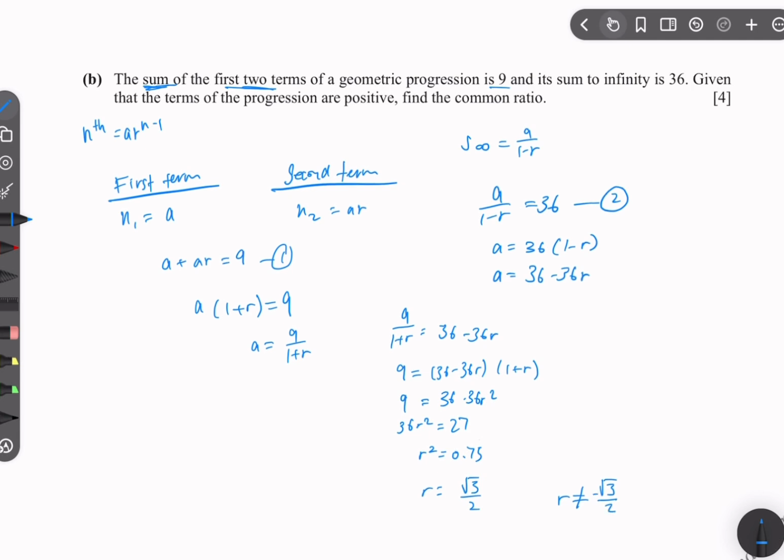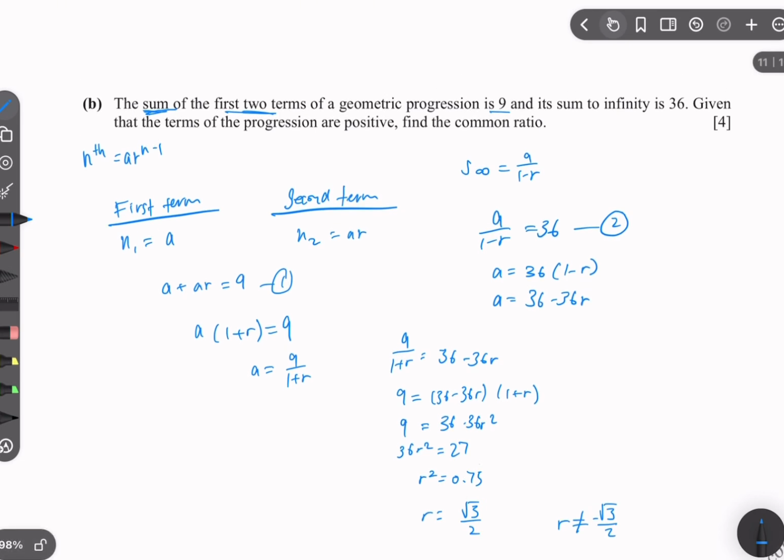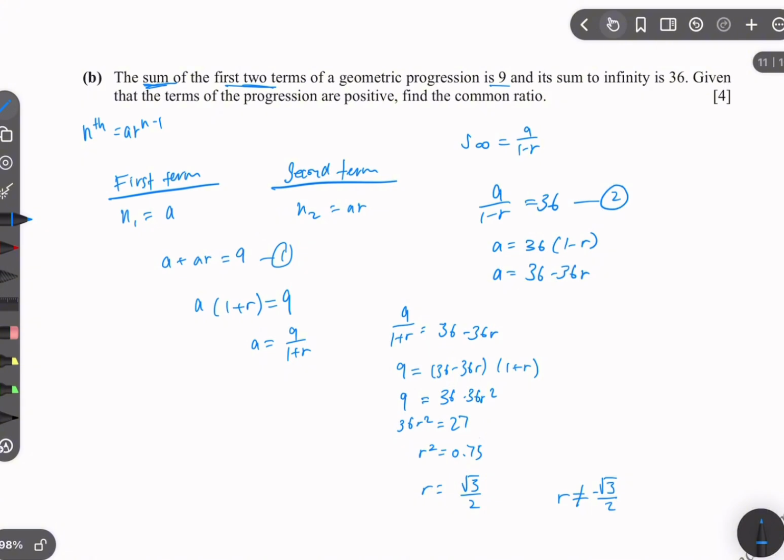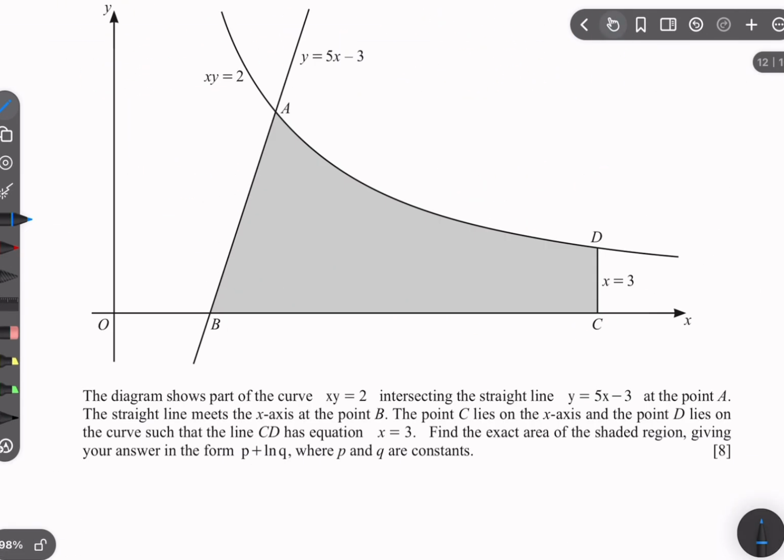Okay, so r is only the positive value of root 3 over 2. It can't be the negative because a negative ratio will give negative terms in this progression, but the question says that the progression is only positive. So r equal to minus root 3 over 2 is rejected.